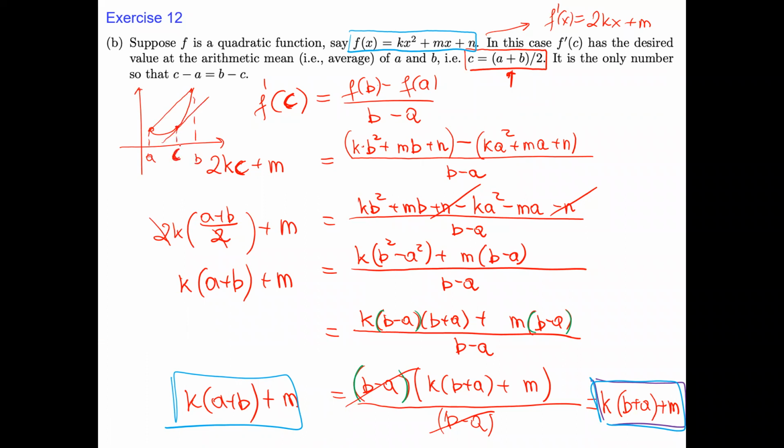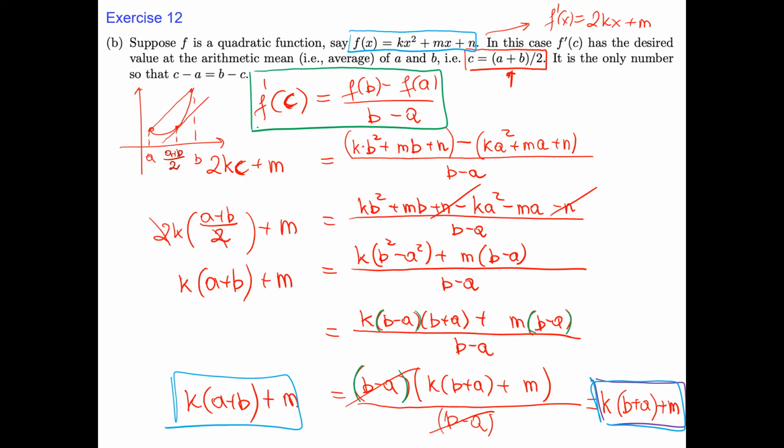This is our c value, and the c value is exactly a plus b over 2. Then the derivative at a plus b over 2 is exactly the same as the average rate of change. We claim that with that value of c, we are satisfying this condition.